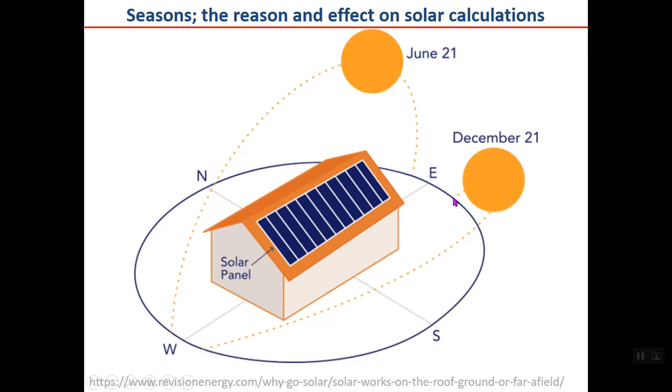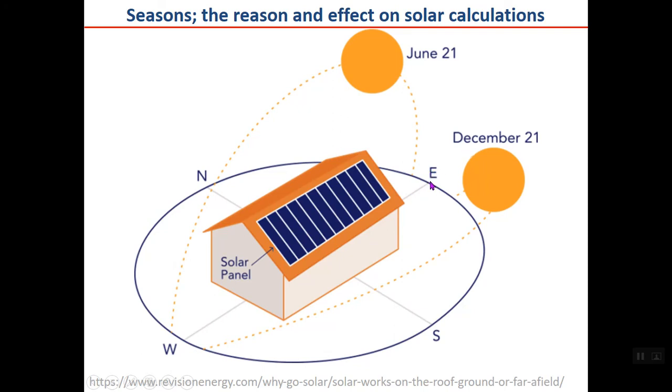And in the second half of the year, the day length is less than 12 hours, and as you can see, the sun again does not start exactly on east, it starts somewhere between east and south, or southeast, and the same for sunset.